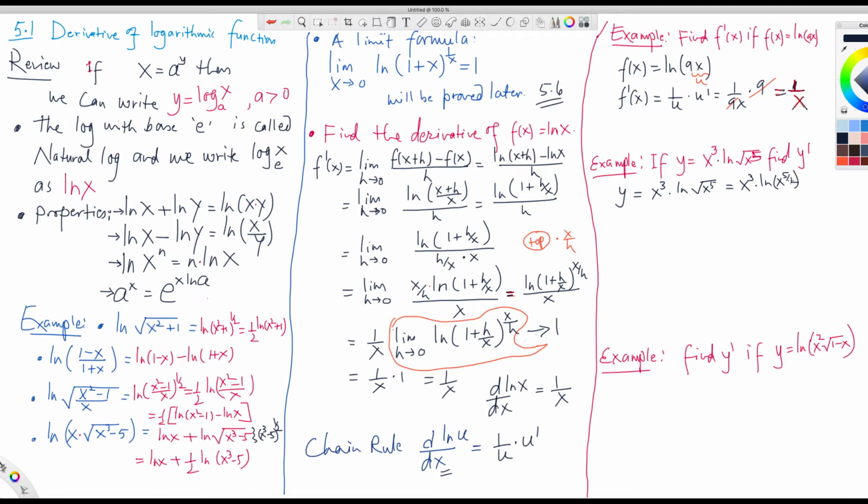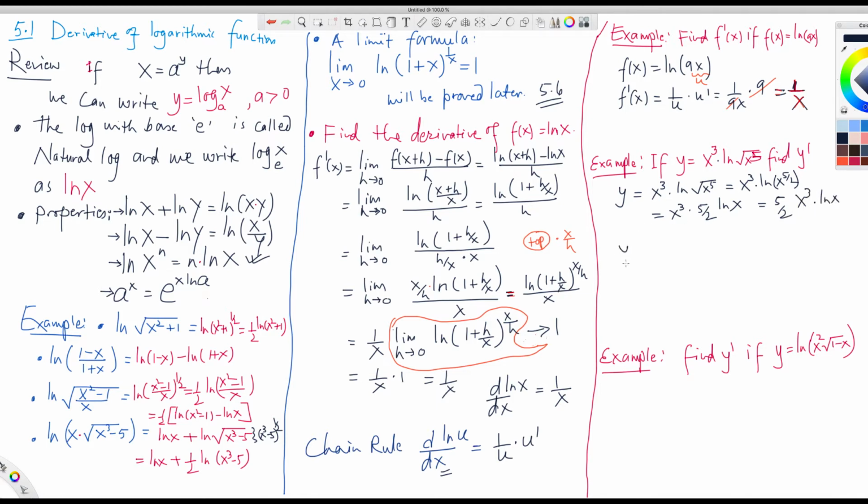Now I can pull this exponent out to the front, as in property number 3. So this can be written as x cubed times 5/2 natural log of x.